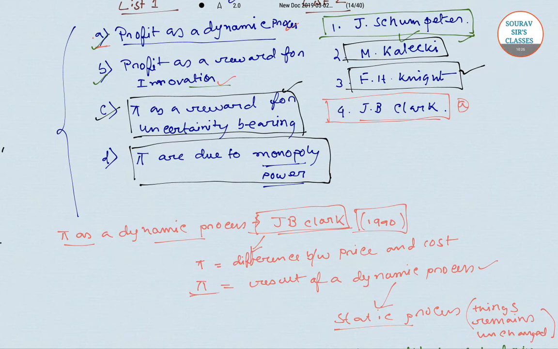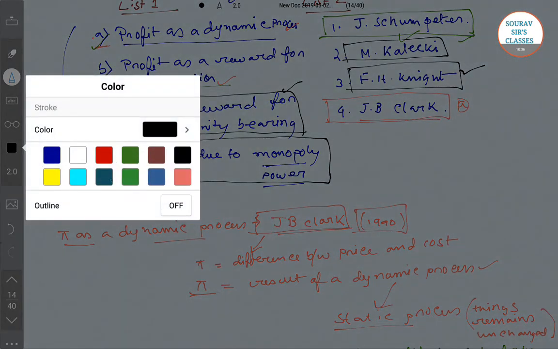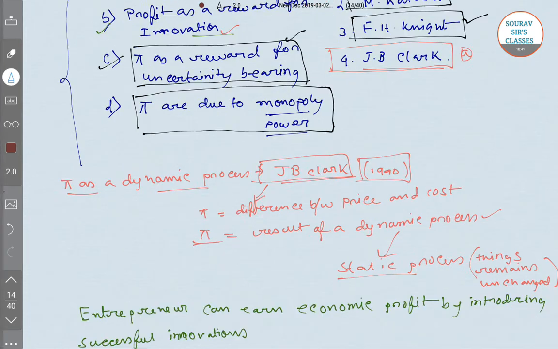This theory talks about the reward earned by the entrepreneur for bearing risk. It is termed as supernormal profit analysis.